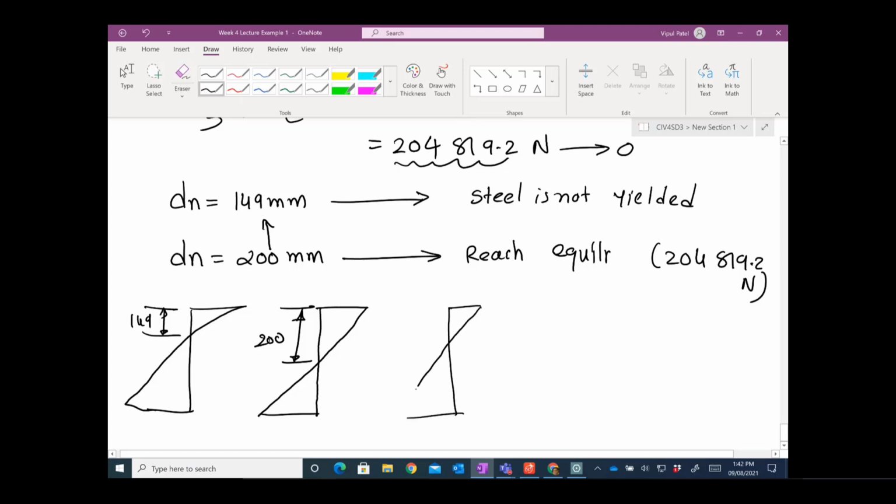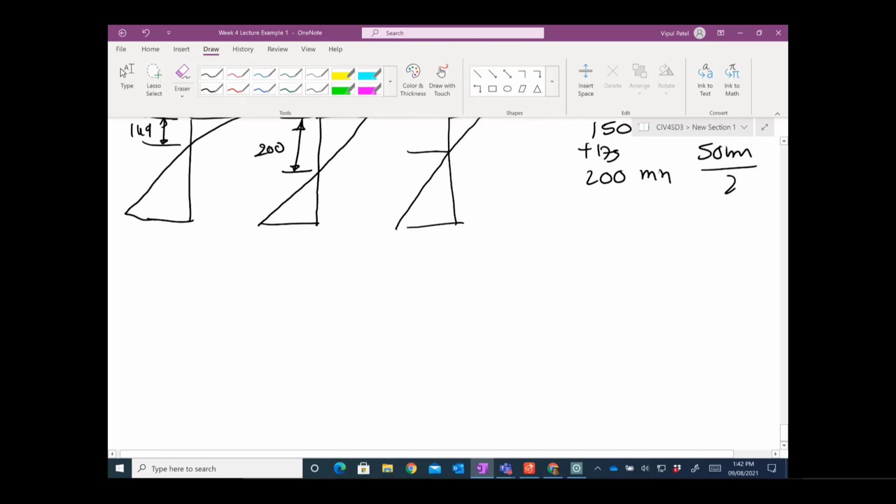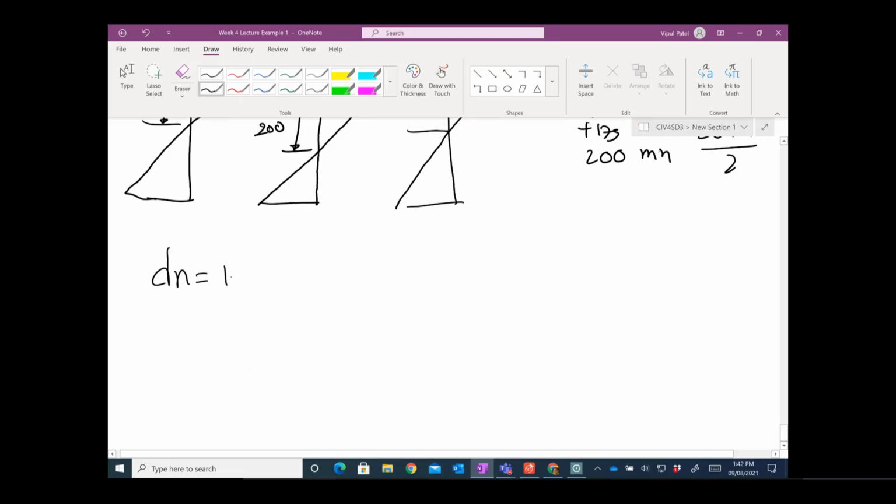In between meaning, let's say 150 and 200, so you have a 50 millimeter gap. Divide by 2, so let's say we go 175 and see what happens. Okay, that's good. Let's try Dn equal to 175 millimeters.